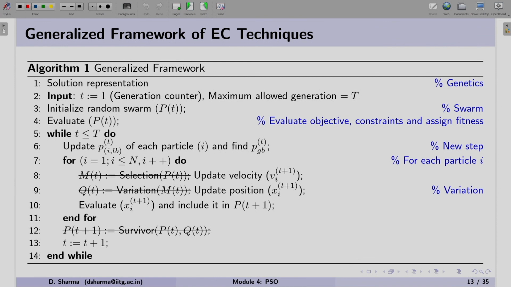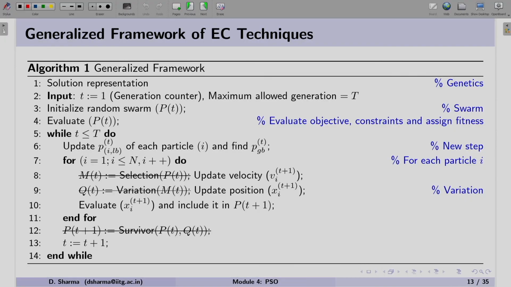Let us fit our particle swarm optimization into the generalized framework of EC techniques. As you can see here, we start with the solution representation. Since we are using PSO for a continuous search space, we have to store those values. It is called genetics, as we know. In step number 2, we give the required input to start our PSO.